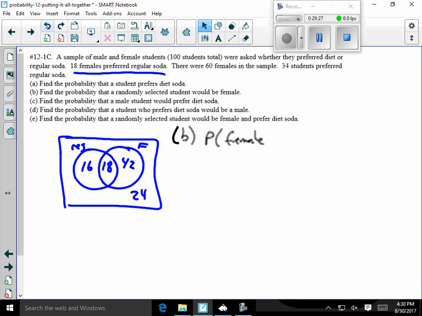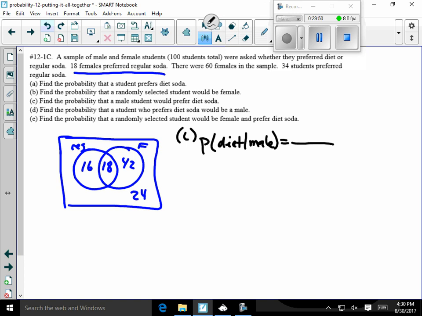Okay, let's take a look at another problem. So if I look at part C, this one is a conditional probability. We want the probability that we like diet soda given that we are a male. Conditional probability means that we're going to have to look at a conditional sample space, not the entire Venn diagram.